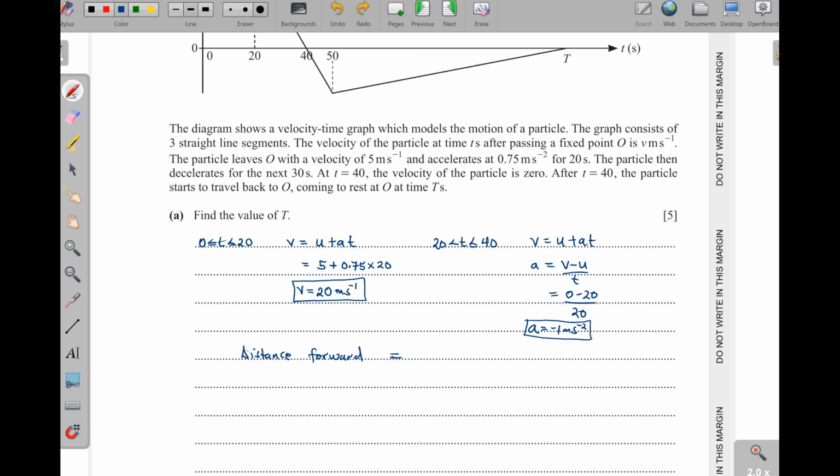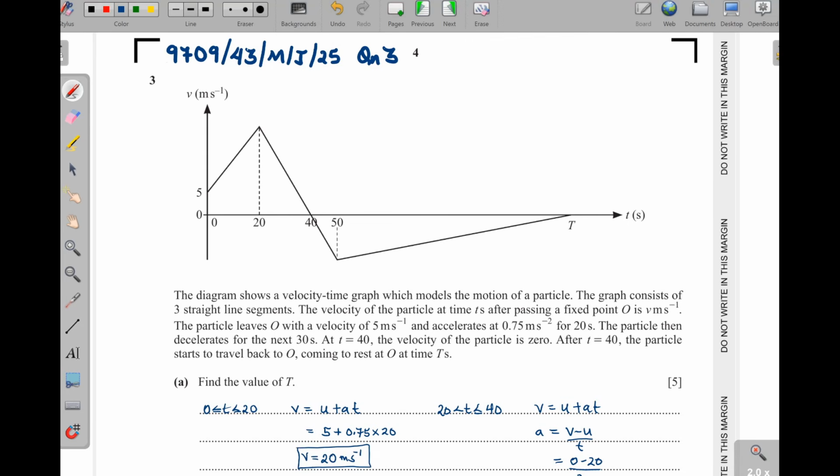So distance forward is equal to distance backward. And you know that on a velocity time graph, the distance traveled is the area under the graph. So here we shall have, when we look at this, a trapezium here, then a triangle here, and then another triangle here. You see that?